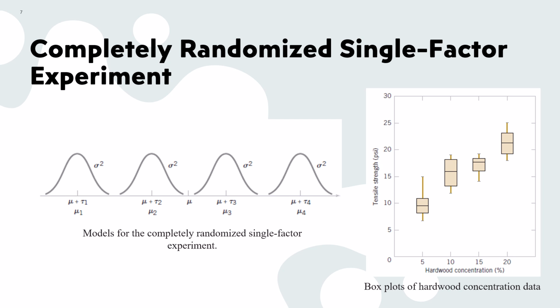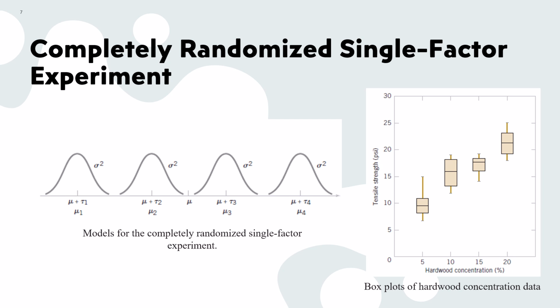Now, let's take a look at the averages. 5% concentration has an average tensile strength of 10.00 over its 6 specimens. 10% has an average of 15.67, 15% has an average of 17.00, and 20% has an average of 21.17. There seems to be an increase in tensile strength as the hardwood concentration increases.